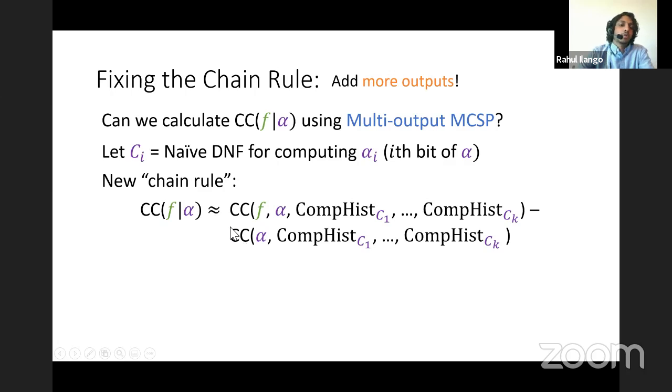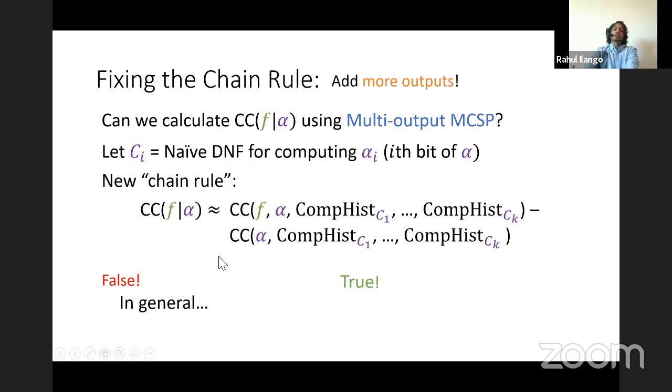And our hope is that that's roughly approximating the relative complexity. And this is still false, basically for the same reason as before, that in computing these things, you could still maybe have something that helps to compute F. But it's false in general.